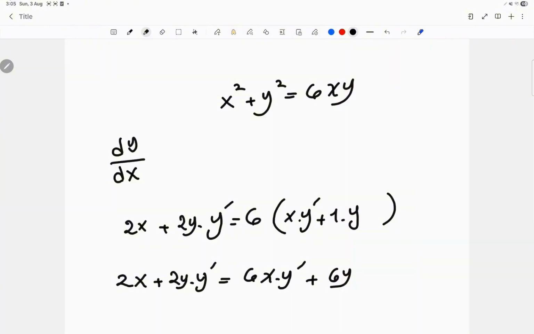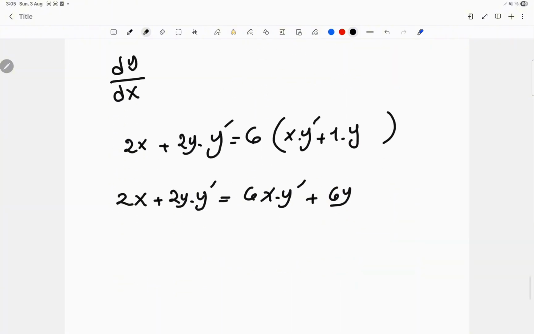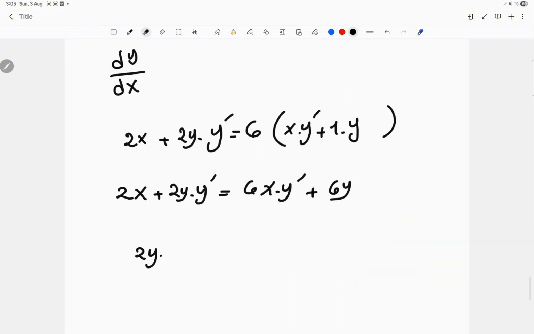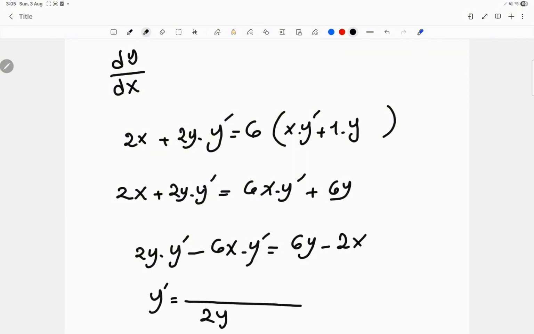Put all the y primes on the left: 2y y prime minus 6x y prime equals 6y minus 2x. So y prime equals (6y minus 2x) over (2y minus 6x).